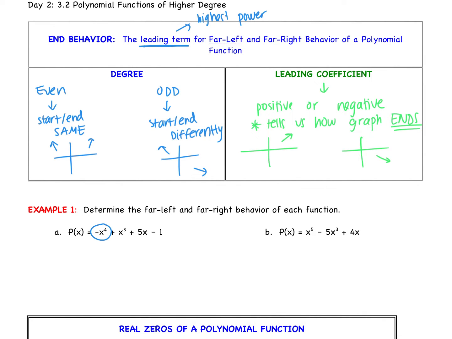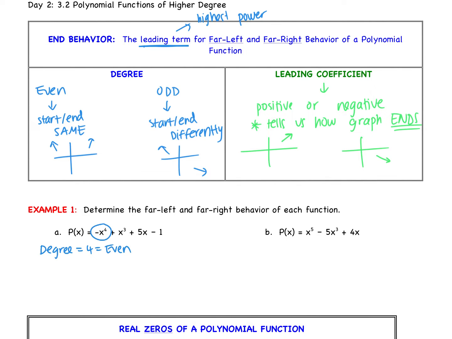The other three terms we don't care about. So all we care about is that term. Those three we can ignore. We are looking at the degree. So our degree is 4, which is even. So the 4 doesn't really matter to us. The fact that it's an even power is what matters.